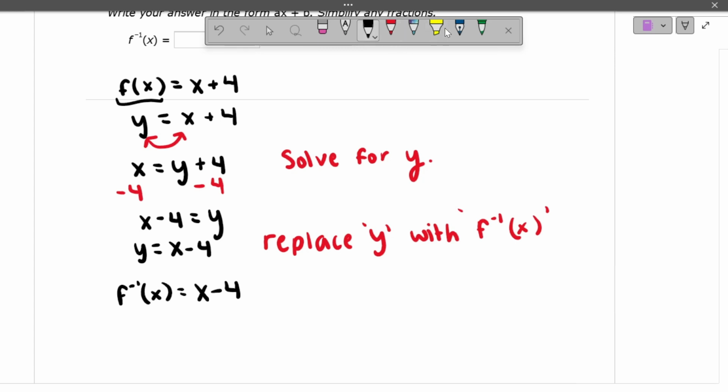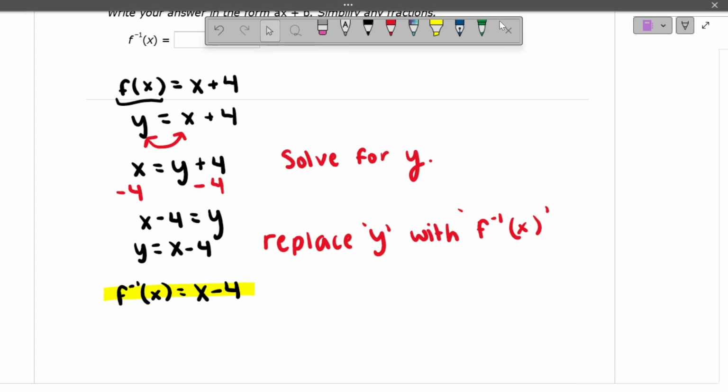And then that right there is the answer. So once again, you just rewrite it. Instead of saying f of x, you write y equals, and then your equation, you just switch the letters x and y, and then solve for y. And then finally, the last step is to then replace y with f inverse of x equals whatever you solved for.